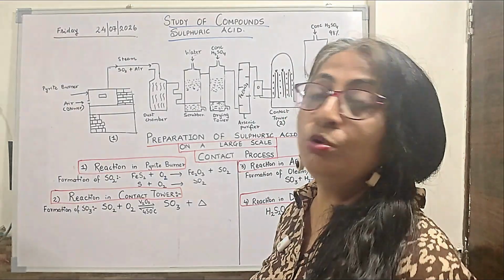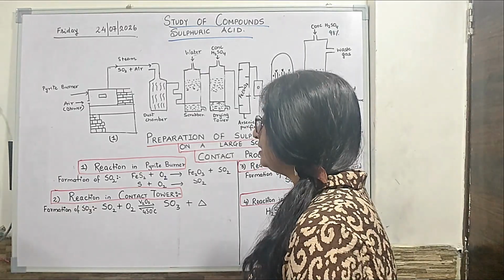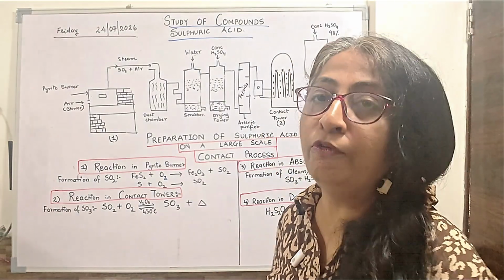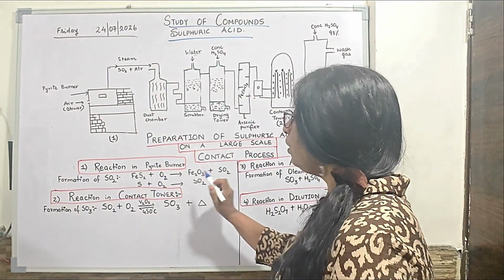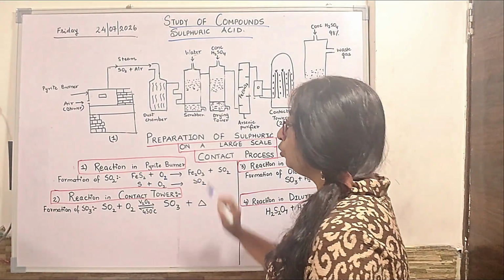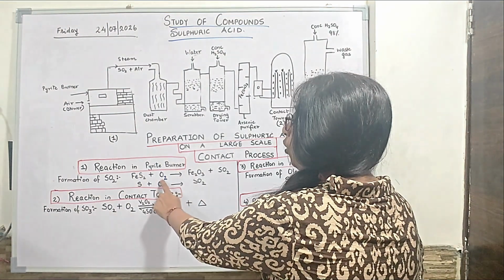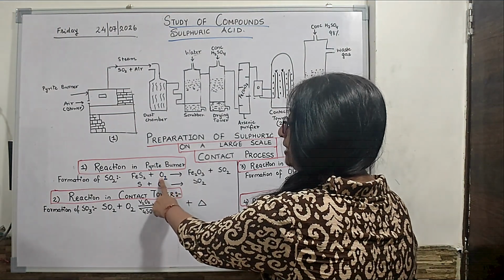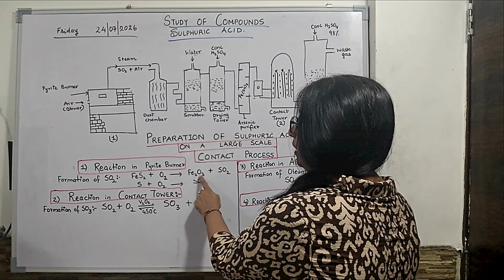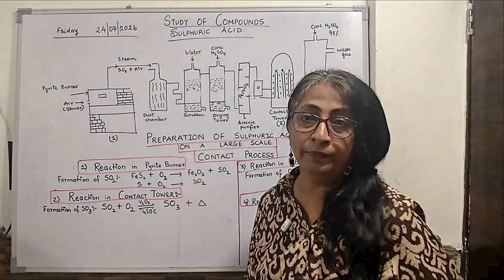So for those who have difficulty in balancing, I'll help you with how to start and what to look for. If you can see, Fe here is 1, but Fe here is 2. Also, oxygen here is 2, that is even, but here oxygen is 3, it is odd.